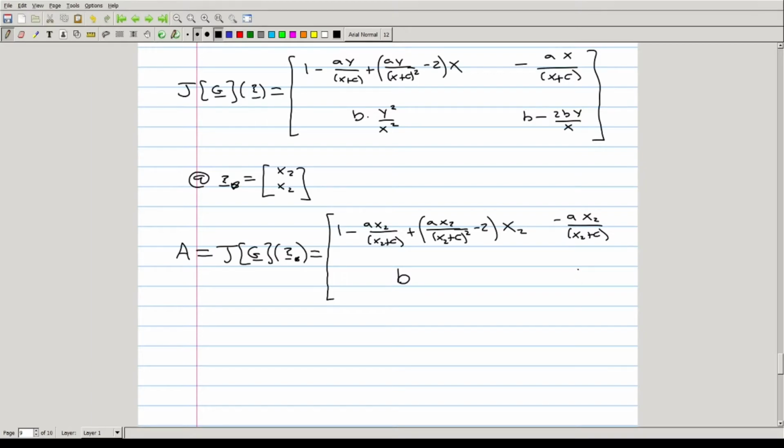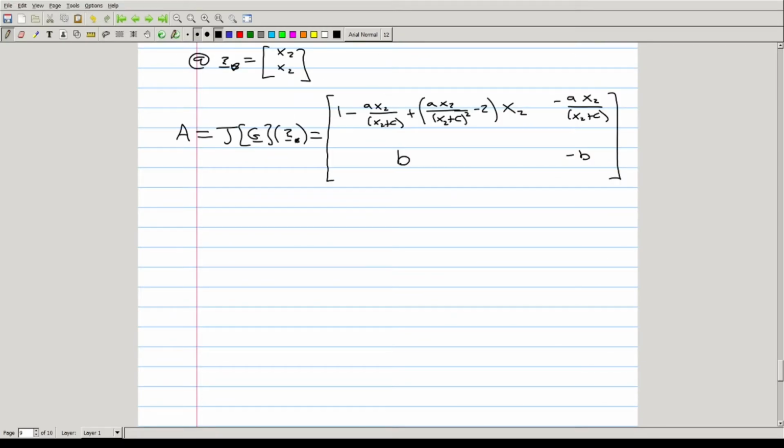And this term, y equals x, also simplifies to just being negative b. And even though the Jacobian does simplify a little bit, we want to be specific. We'll look at a specific example for values of a and c, just to get some numbers down.